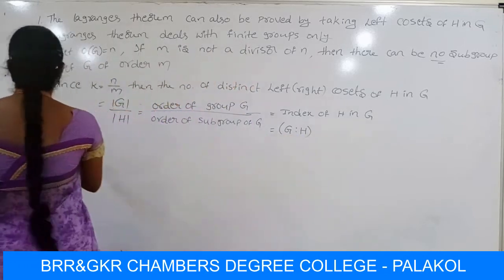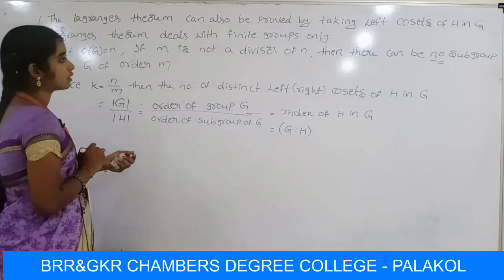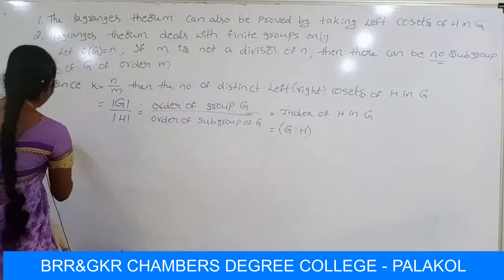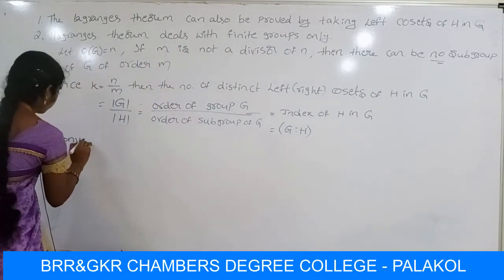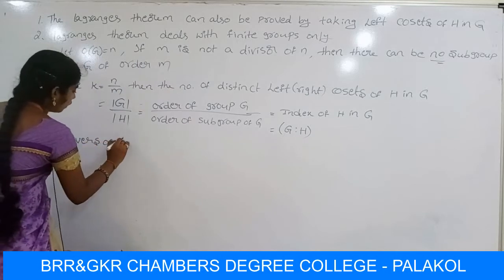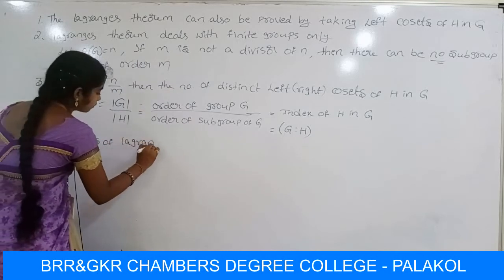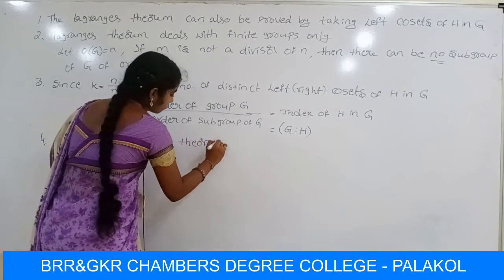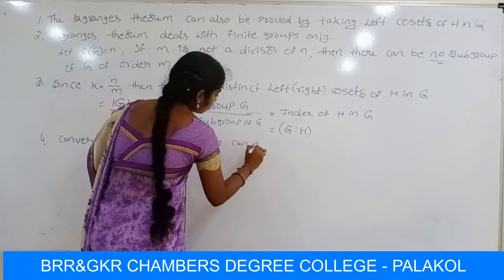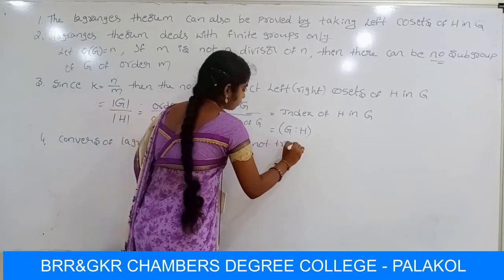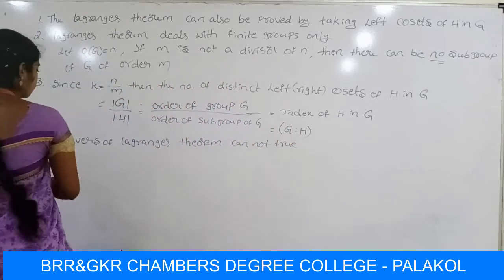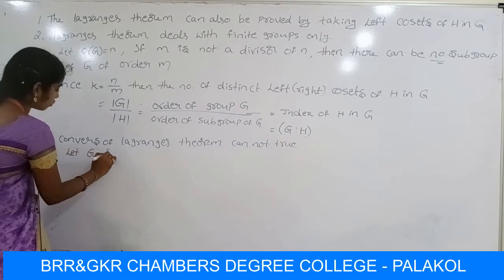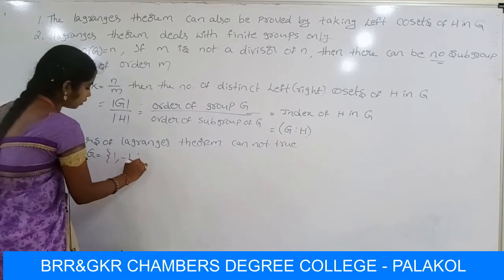So next point: the converse of Lagrange's theorem cannot be true. So let us consider an example. G is equal to {1, -1, i, -i}.